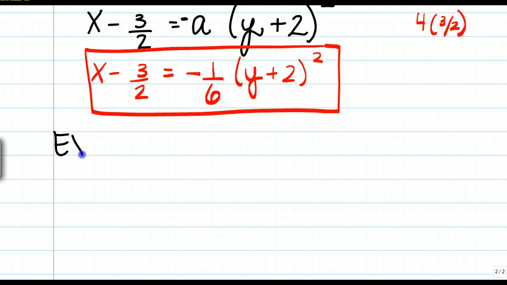Example number 3. It is going to ask you to complete the square to find the equation of the parabola.